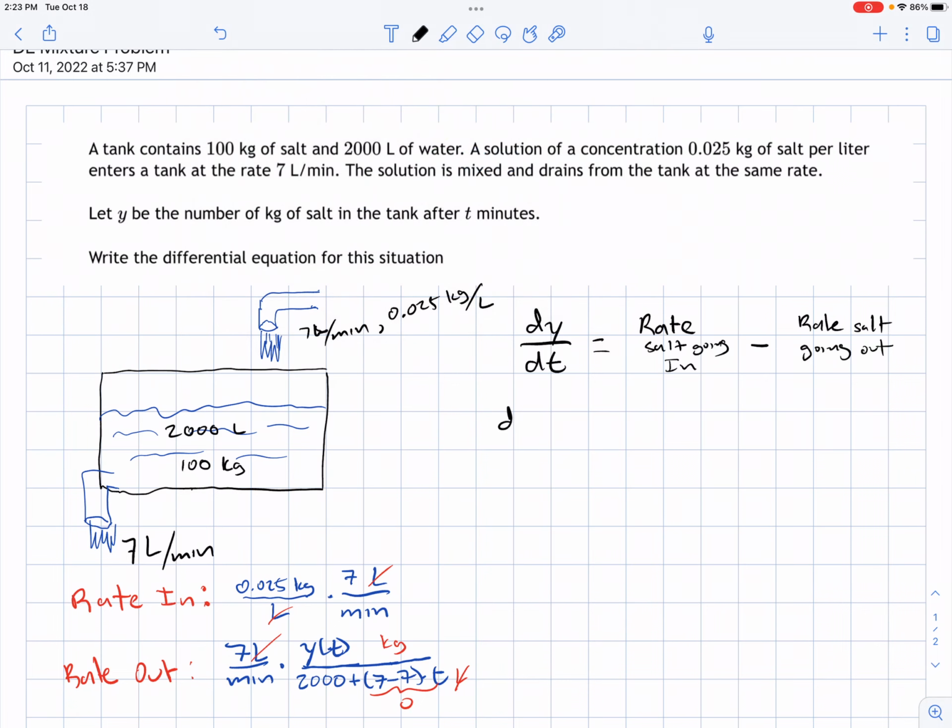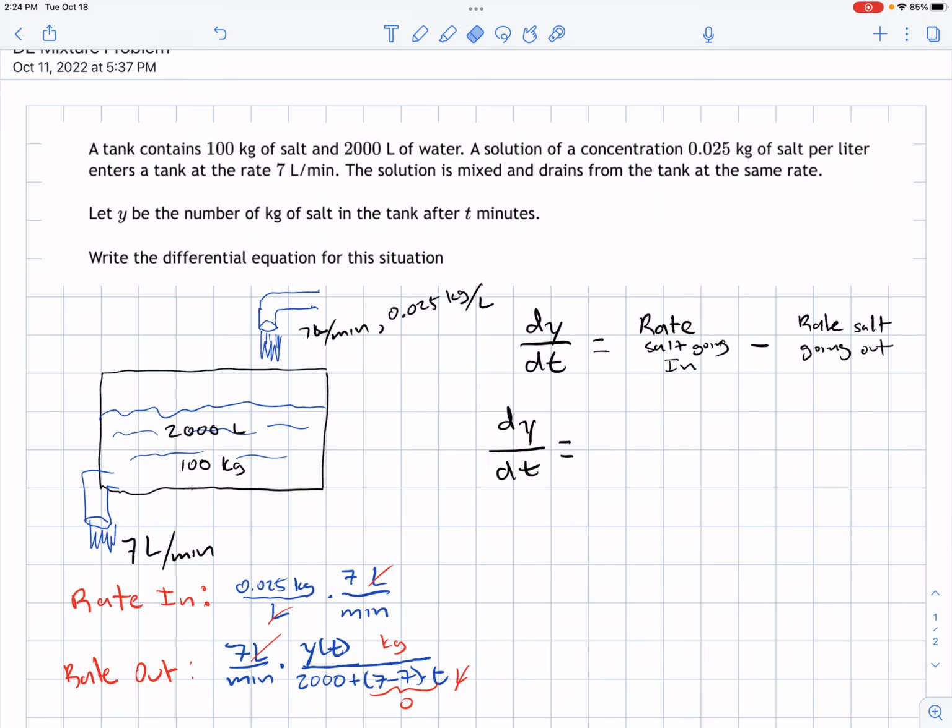and that will be our differential equation. So the rate that the salt is going in the tank is going to be 0.025 minus, oops, I forgot the 7, the times 7.